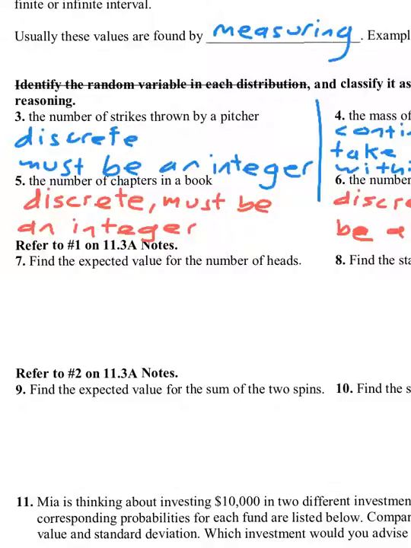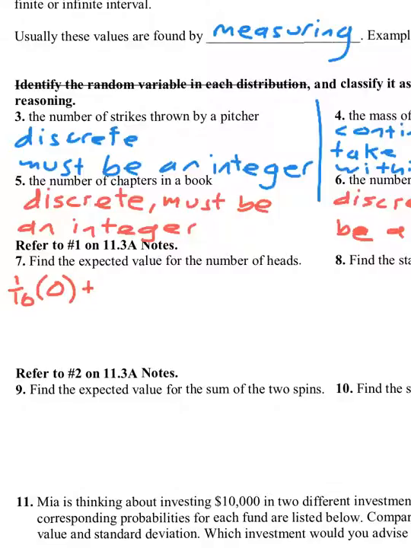So what you do is you take each probability and you multiply by the value associated with that. So one possibility was we could get 0 heads. The probability we found of that happening was 1/16.